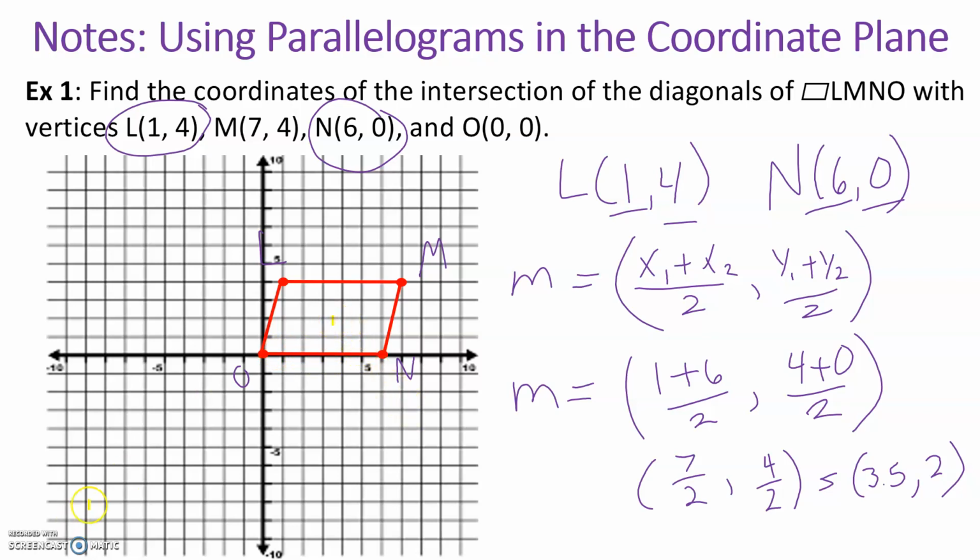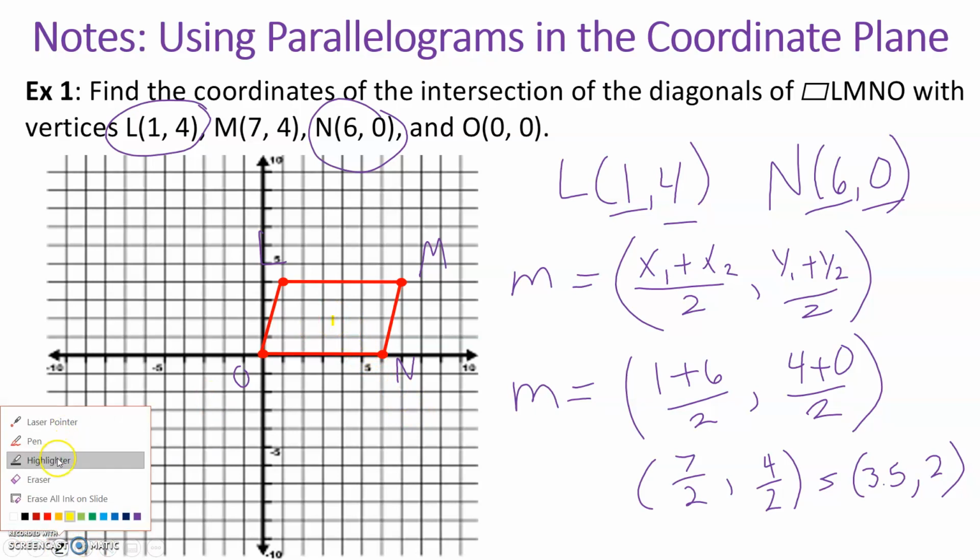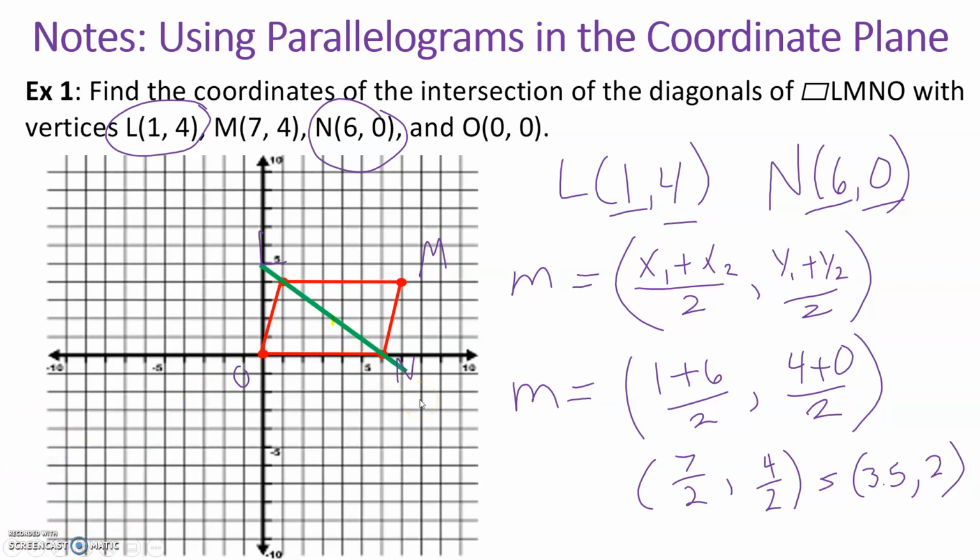Now if we actually draw our diagonals, we will see that. And that's it for example 1. So note, we can do it graphically, but finding the intersection of the diagonals is as simple as finding the midpoint of opposite vertices.